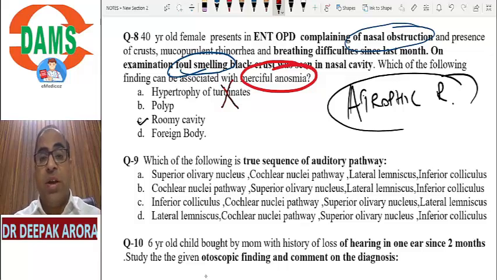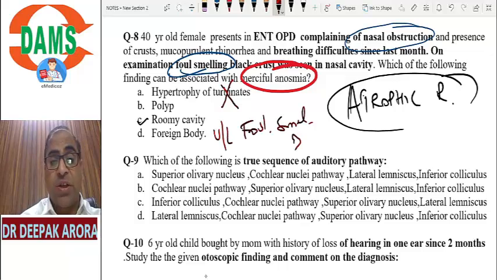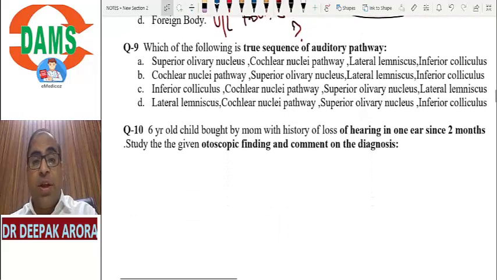For foreign body, the examiner mentions unilateral foul smelling discharge. For polyp, the keyword is pearly white mass. Done. So the answer in this MCQ is atrophic rhinitis, option C, roomy cavity.